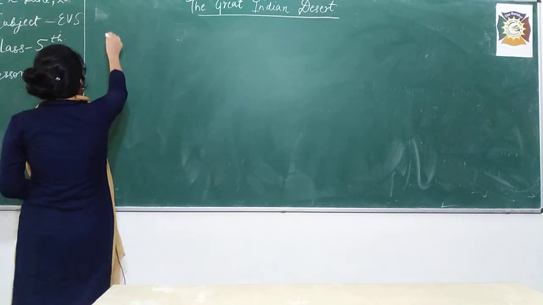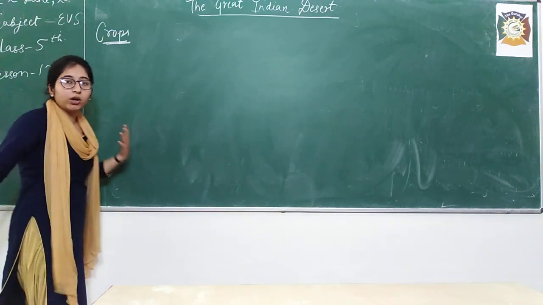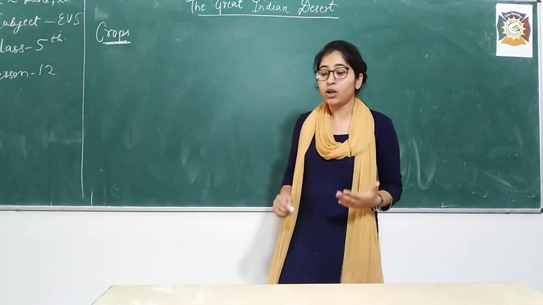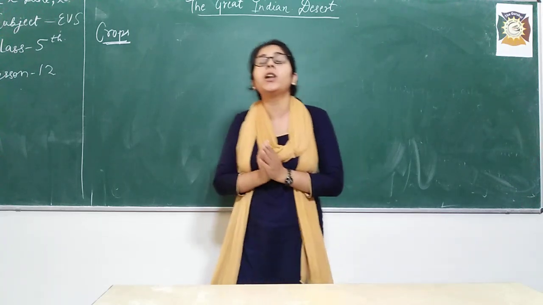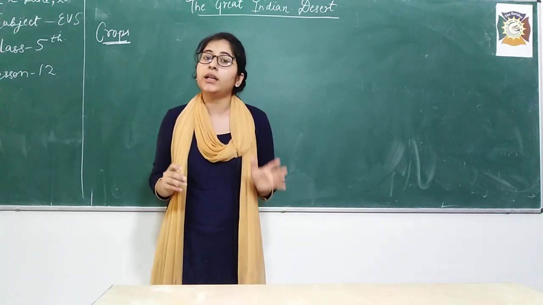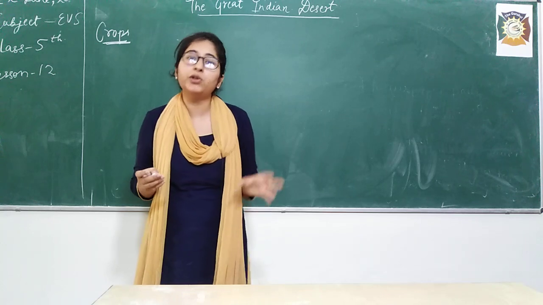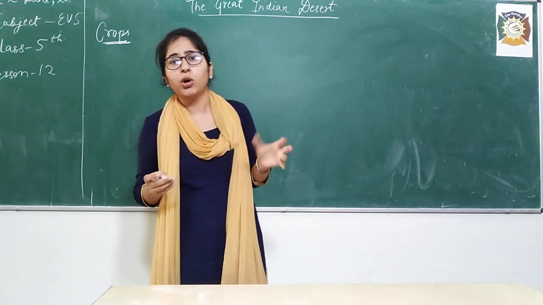The topic is crops. Like what kind of crops are grown in this area? What kind of crops do we have in the Thar Desert? So students, I told you that in this area, the rainfall amount is very less. Right? The rainfall amount is very less. So obviously, it would not be possible to grow many crops. Right? So there are some thorny bushes and thorny trees only.